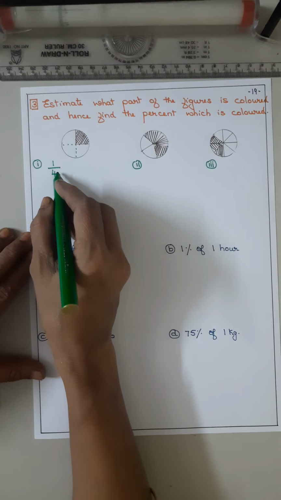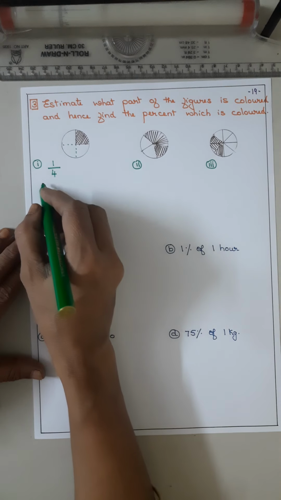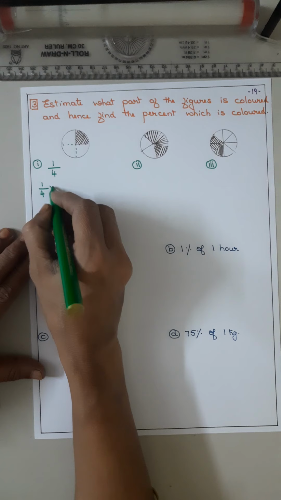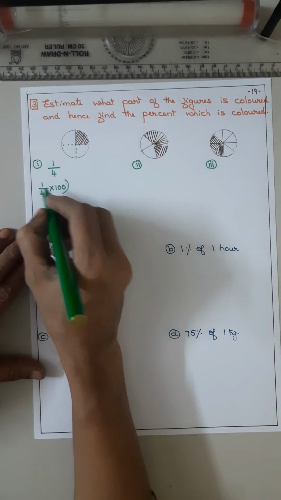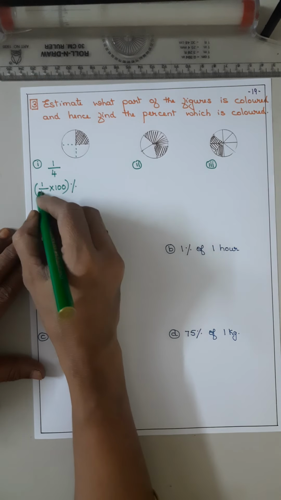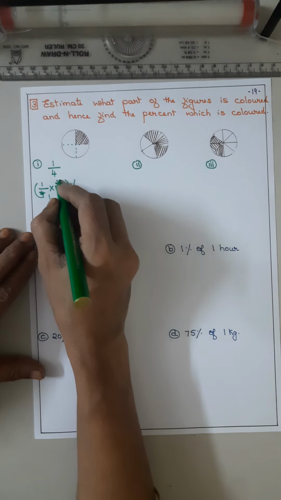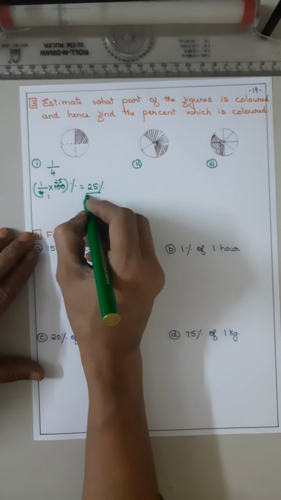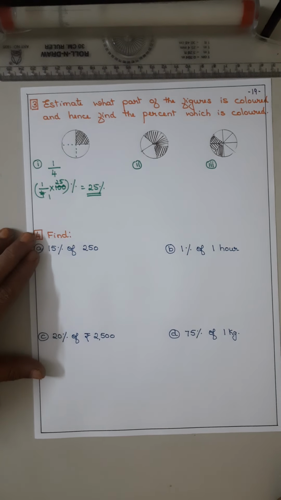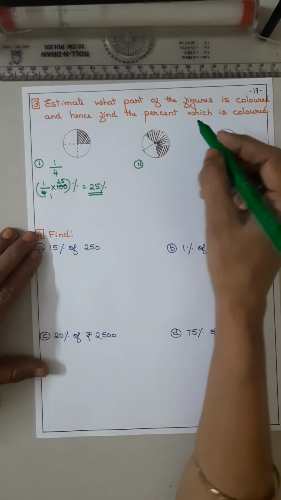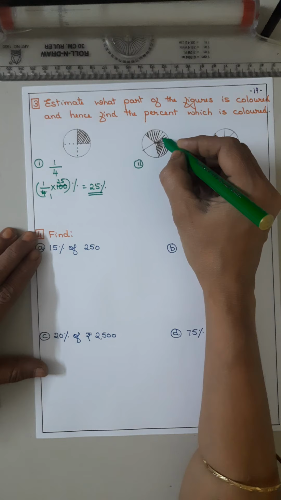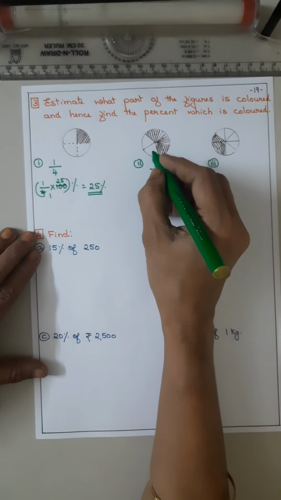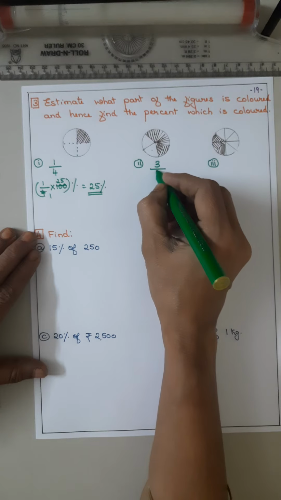Okay, now you have to convert this into percent. So first write the part. Now it is 1 by 4 into 100. You have to write it in percent. Now 4 ones are 4, 25s are 100. So how much percent is colored? 25%. Now in this one, 1, 2, 3 are colored, 4, 5.